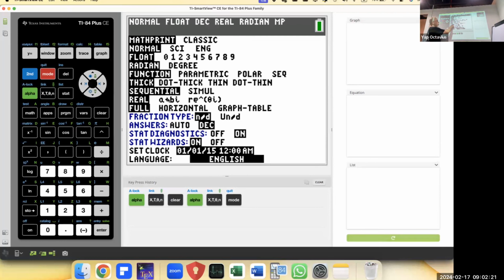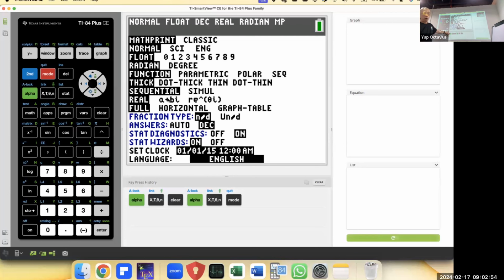Then over here, your answer, this one gives your answer in improper fraction. This one is mixed number. Now, this part, this answer, on yours is what? Auto. Put the auto, because if you put decimal, every answer will appear decimal. Because we want it to be in fractions. So usually in fractions. Now the stats diagnostic, yours is off now.